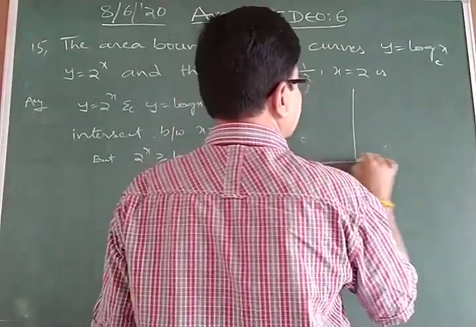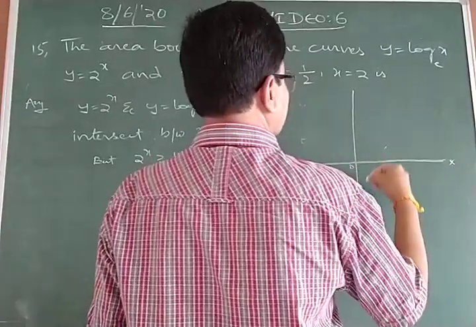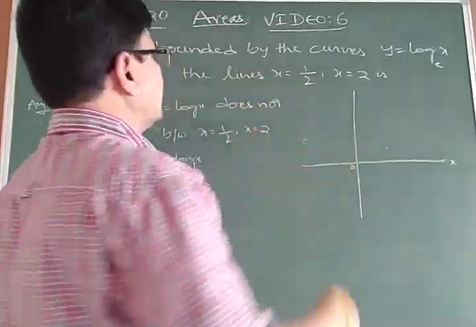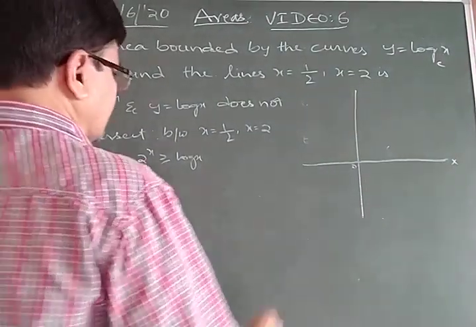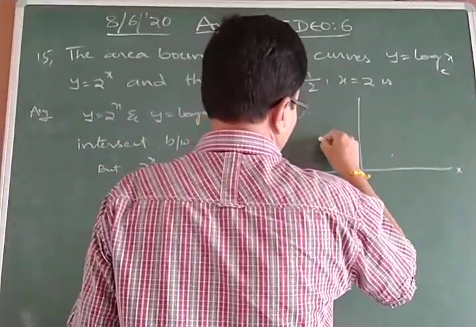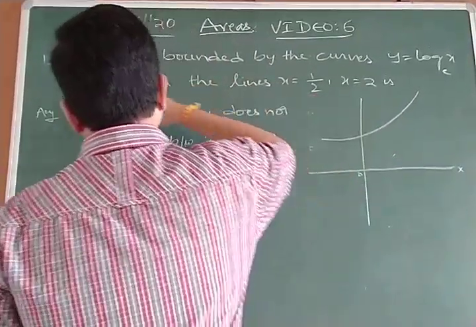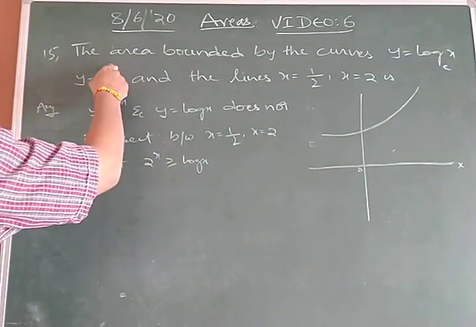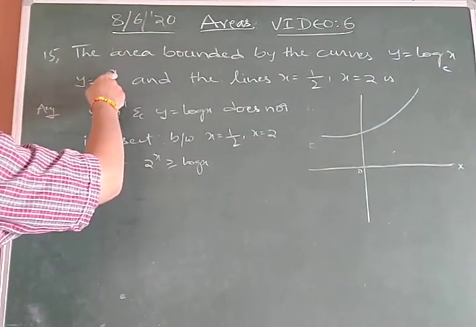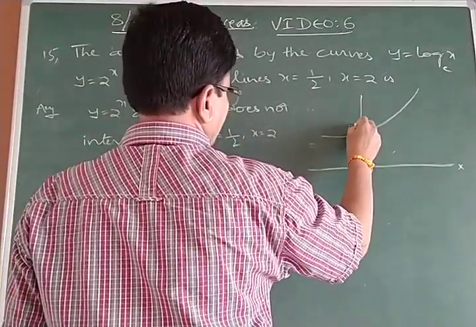This is the coordinate axes, the origin, and y equals 2 power x is a curve that passes through 1, since when x is 0, y is 2 power 0 which is 1. So this is 0 comma 1.